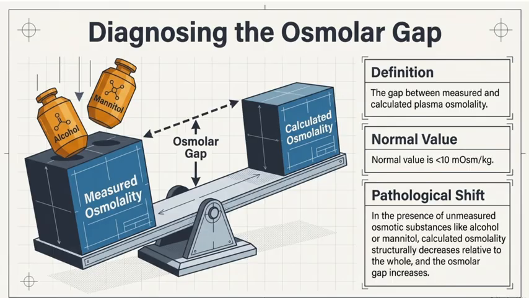Now comes the powerful diagnostic tool, the osmolar gap. The osmolar gap is defined as the measured osmolality minus the calculated osmolality. Normal value is less than 10 milliosmoles per kg. If the gap is high, there are unmeasured osmoles present.